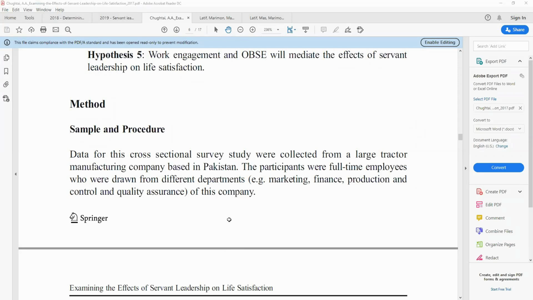Now the next phase is theory. In management research, theory holds a central importance. Whenever you are writing your own literature and whenever you are proposing your own hypothesis, obviously you have to base it on certain theory. How and why certain variables are related with each other is actually based on existing theory.